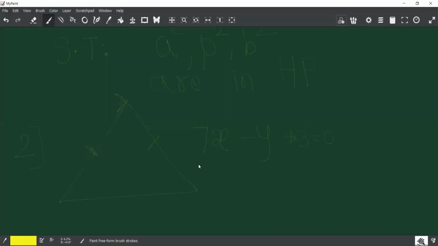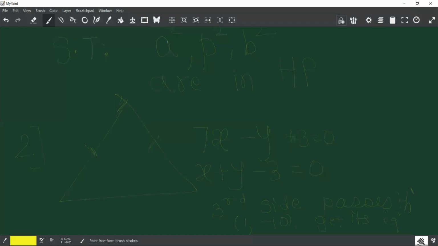And x plus y minus 3 is equal to 0. दो sides दिए हैं. And third side passes through 1 comma minus 10. Get its equation.